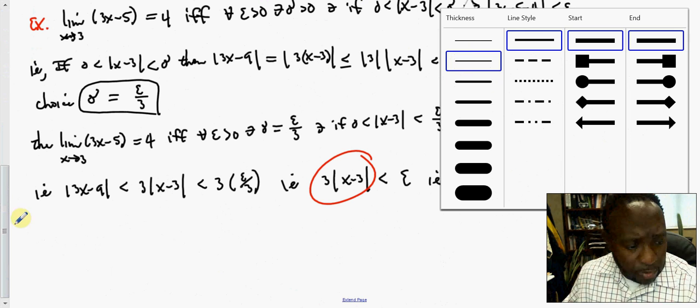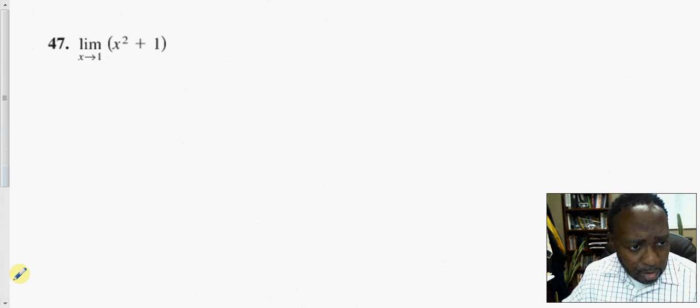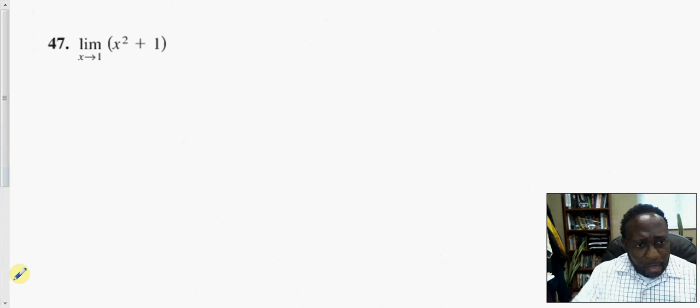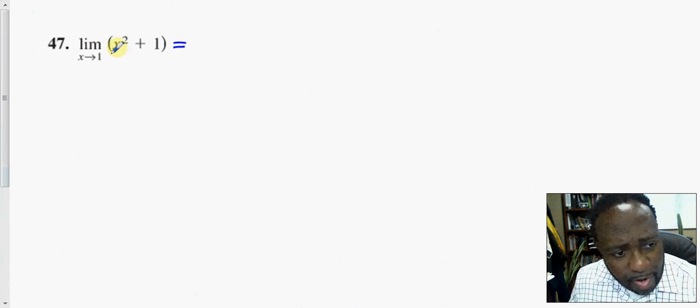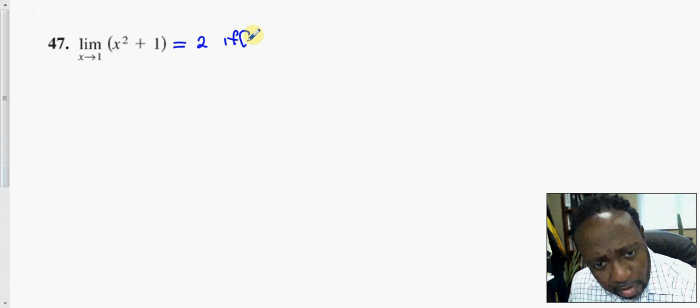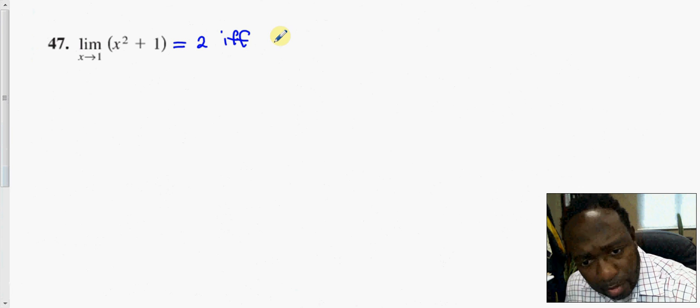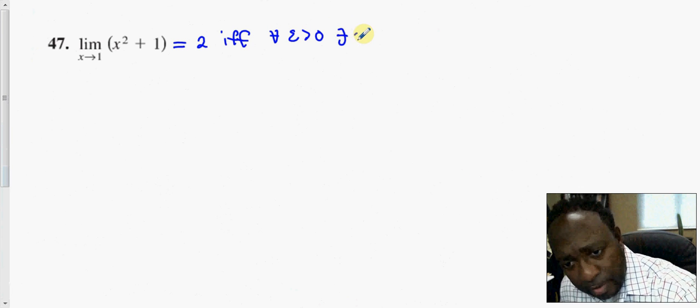Now let's look at another problem. Prove the limit of x squared plus 1 as x approaches 1. If you evaluate that, then we have just 1 plus 1 is 2. So we say if and only if for all epsilon positive, there exists some delta.